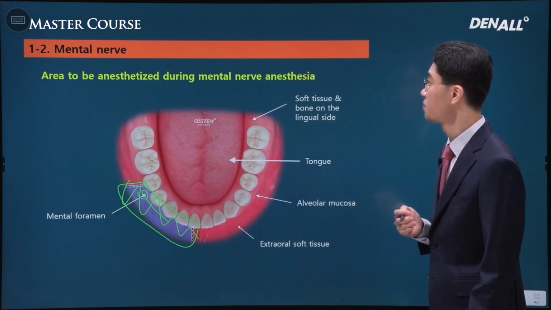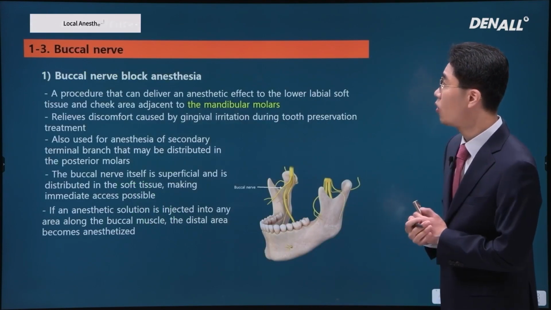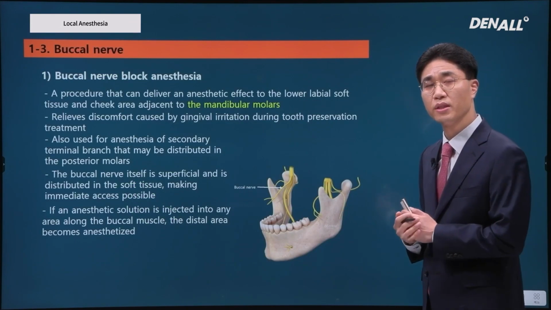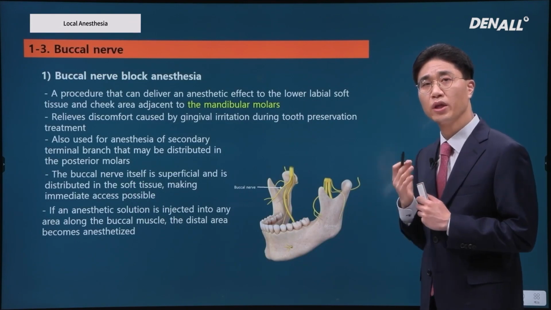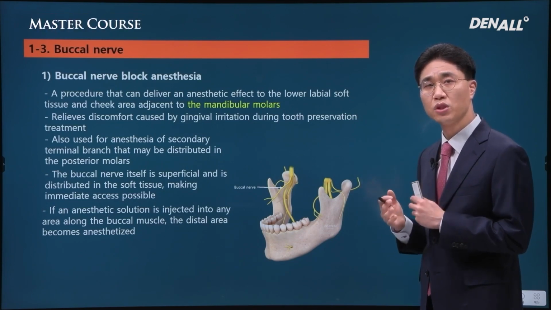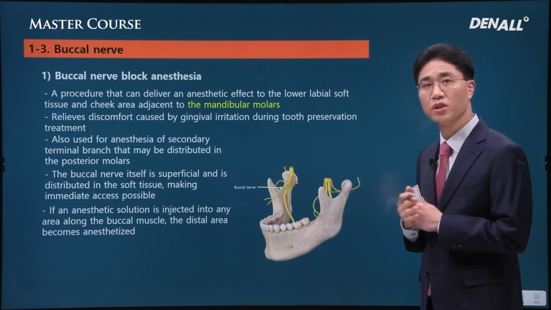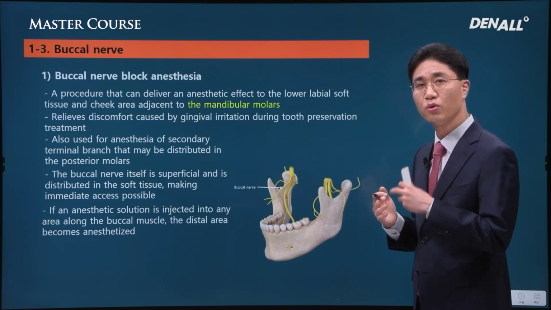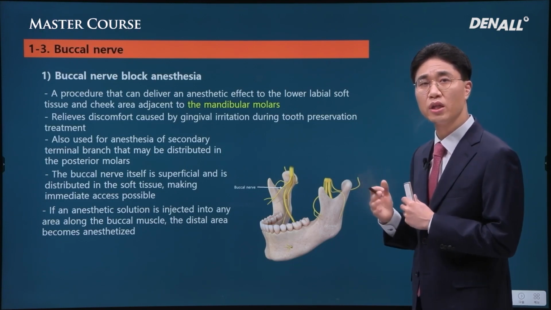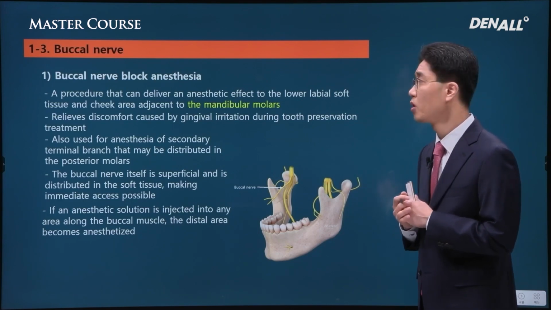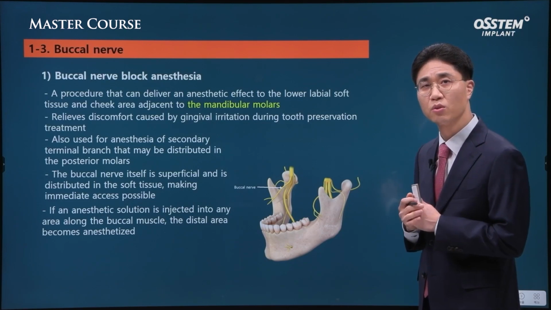Let's look at the buccal nerve. I've mentioned this earlier. When we perform treatment in the mandible, the most prominent block anesthesia is performed on the inferior alveolar nerve. On the buccal side and distal side of the molar area in the lower jaw, it cannot be anesthetized with just inferior alveolar nerve block anesthesia.